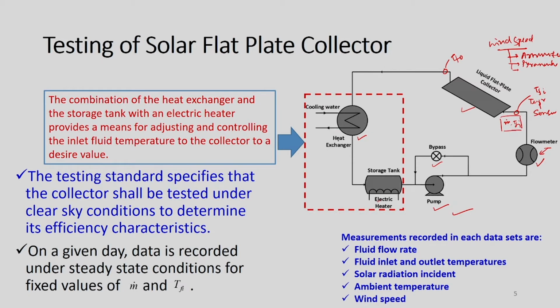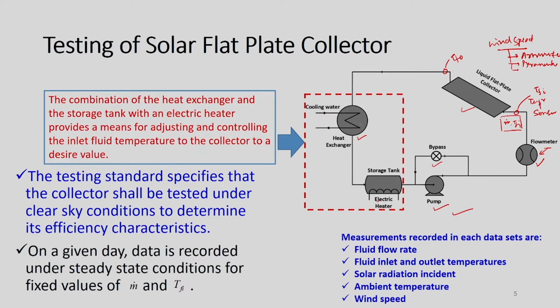What is the purpose of this heat exchanger? We need to provide a controlled amount of fluid through the collector at a particular temperature. In order to control this temperature, we arrange this assembly.